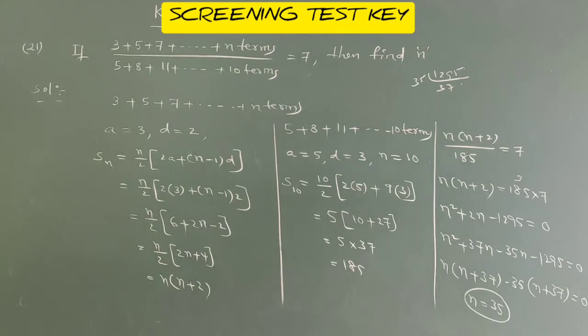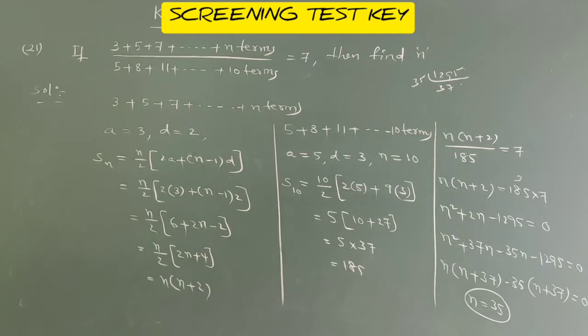Now answer this one. In the given problem, 3 plus 5 plus 7 plus and so on n terms by 5 plus 8 plus 11 plus and so on 10 terms is 7, they give. Here we require the sum of n terms in the numerator and denominator of the given fraction.